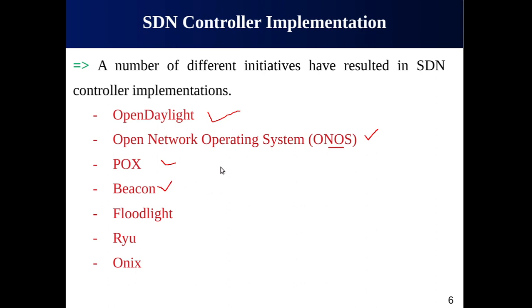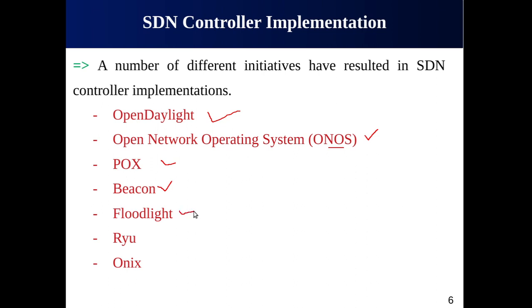It is also an open source package developed at Stanford University, and it was the first controller that made it possible for beginner programmers to work with and create a working SDN environment where different functionalities can be checked. So this is for learning purposes.